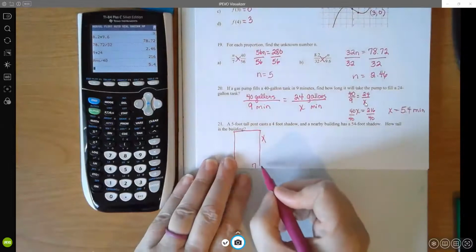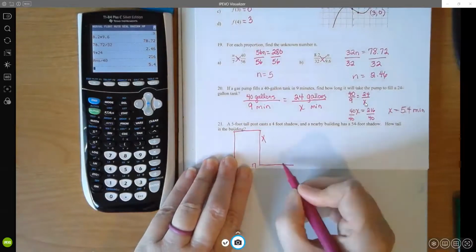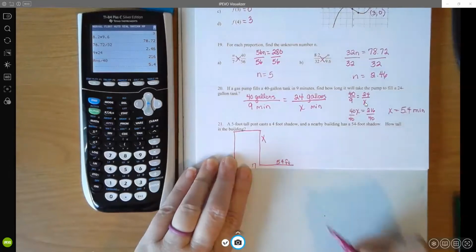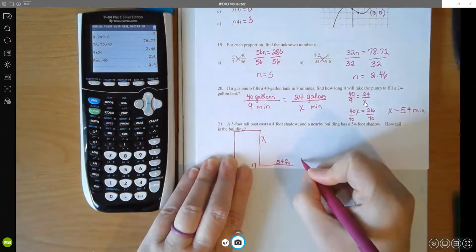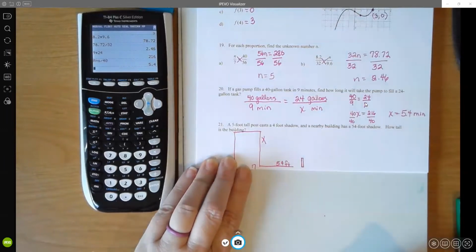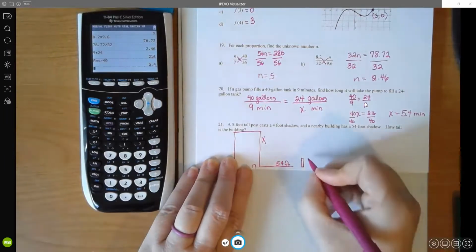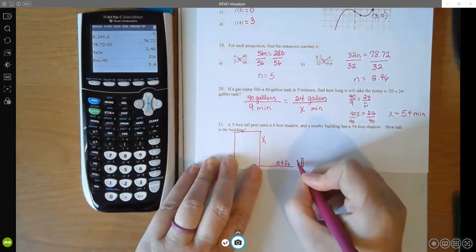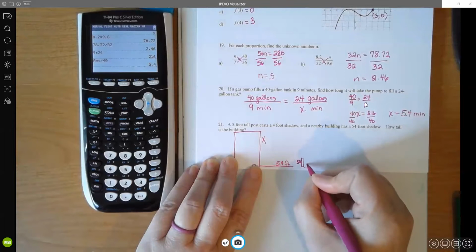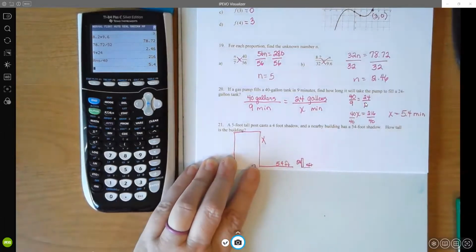And it casts a shadow that is 54 feet long. And then I have a tiny little post, and it's probably even tinier than that, but there's my little post, and it is 5 feet tall, and it casts a 4-foot shadow.